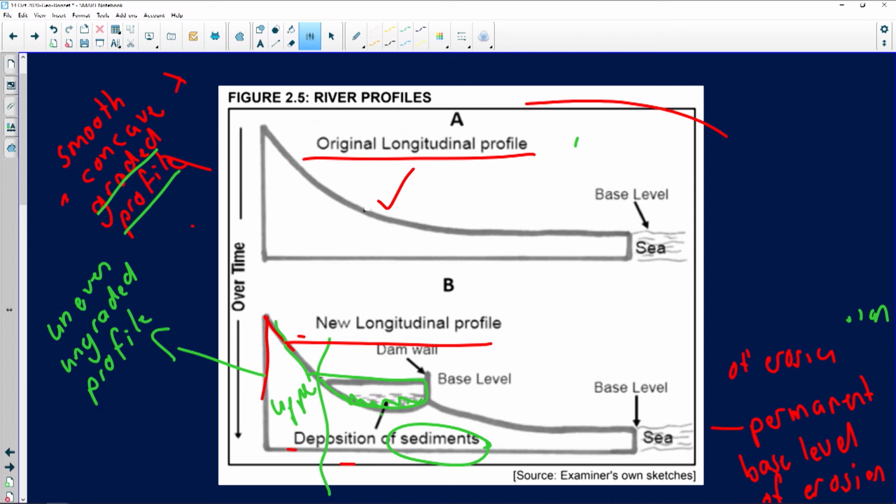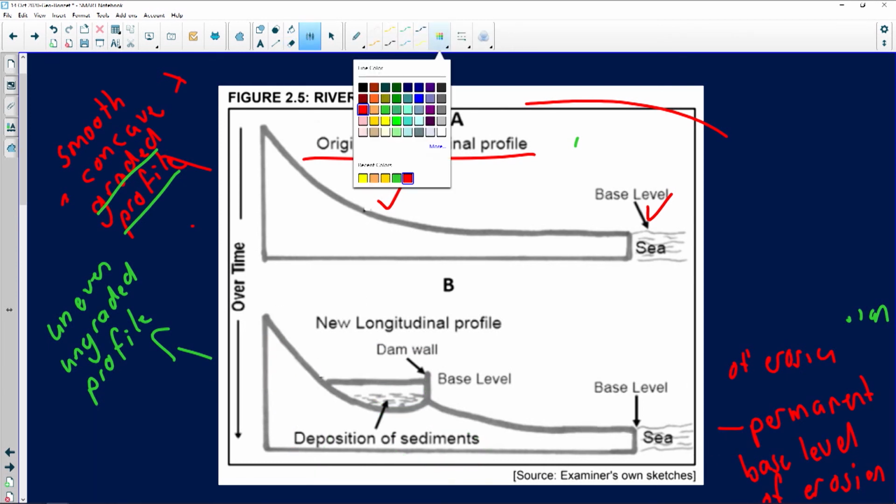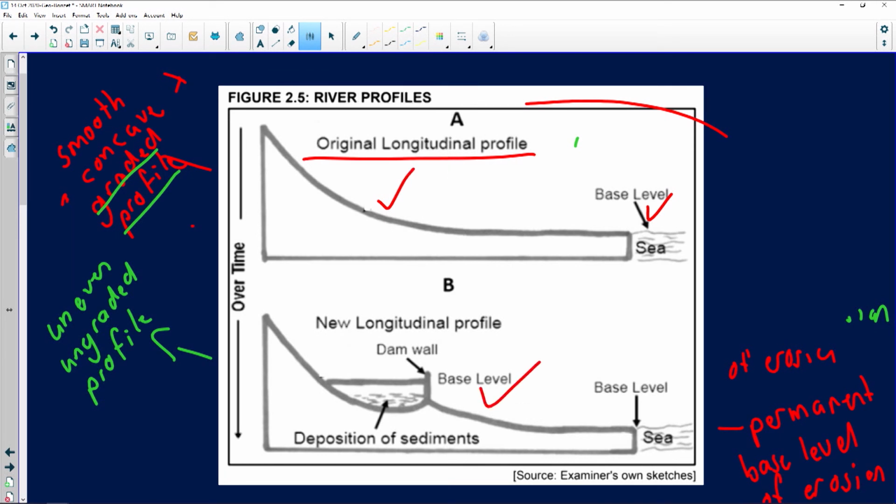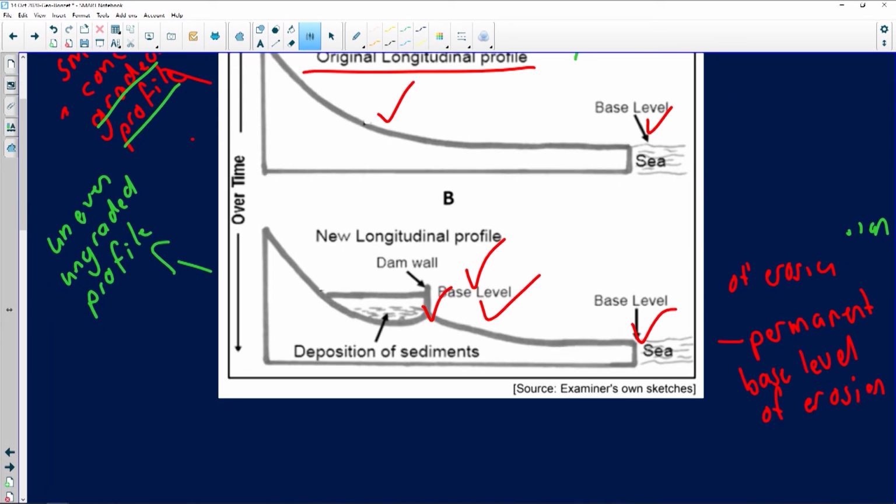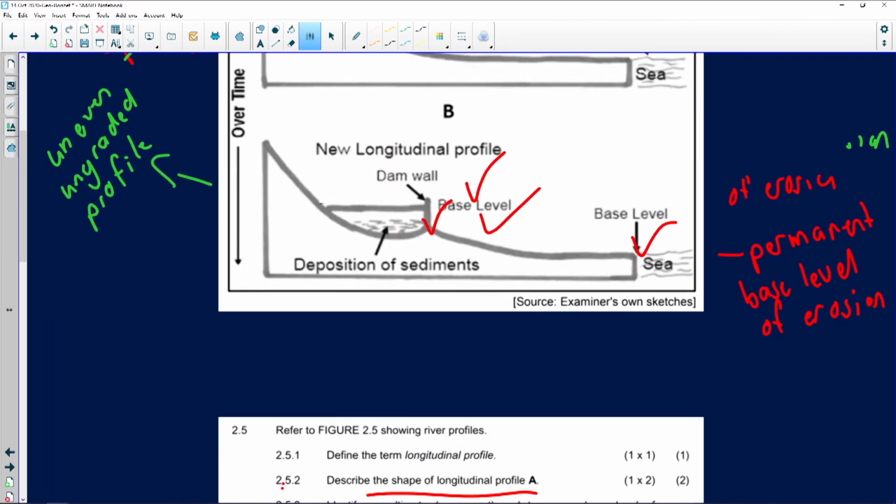No nick points, check. Only permanent base level of erosion that's being experienced. Referred to as graded. Now, if we look at an ungraded profile, first of all, it's uneven, as you can see, check. It's got a nick point, check. Temporary base level of erosion, check. Permanent base level of erosion, check. That's how you differentiate between a graded and an ungraded profile.